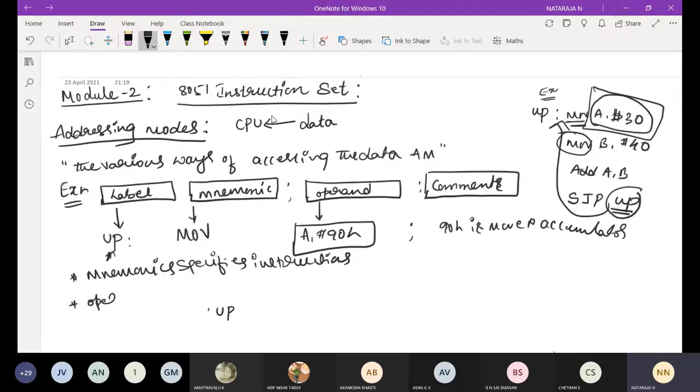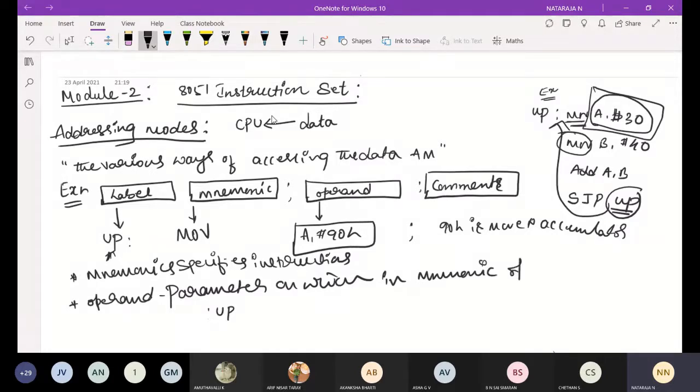What is operand? Parameter on which the mnemonic operates. These are the technical words we need to use when we write it in the exam.